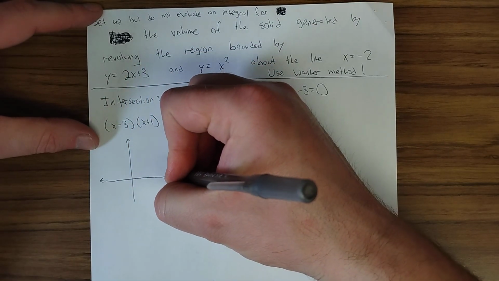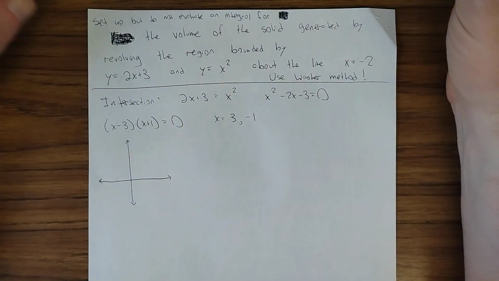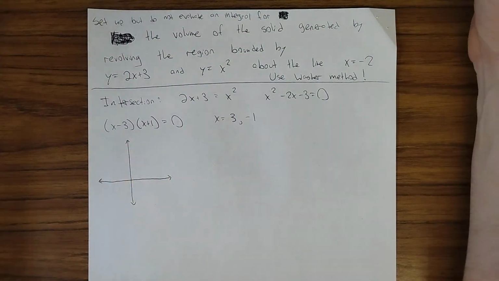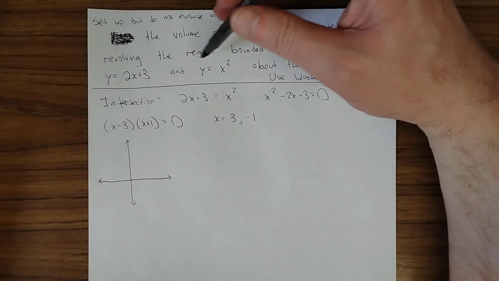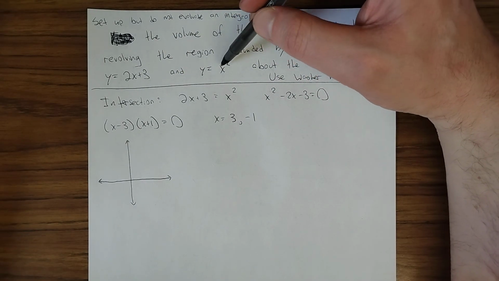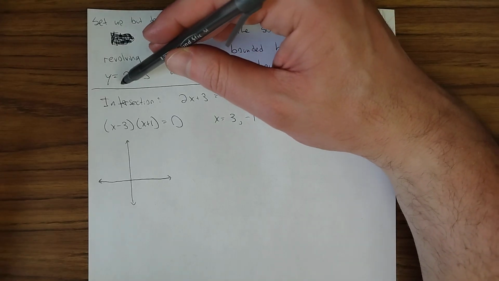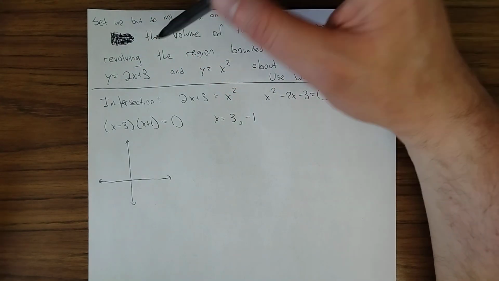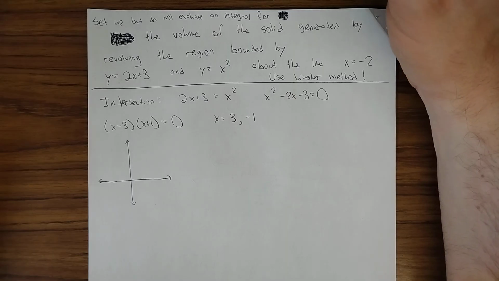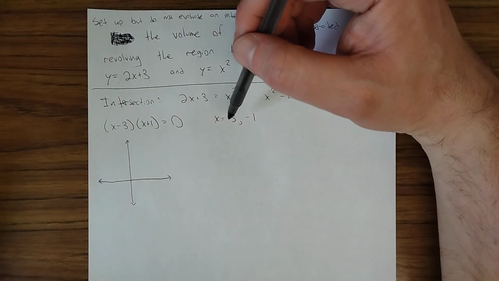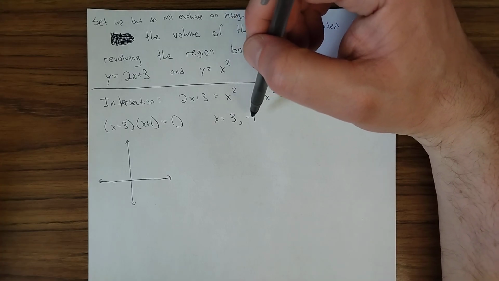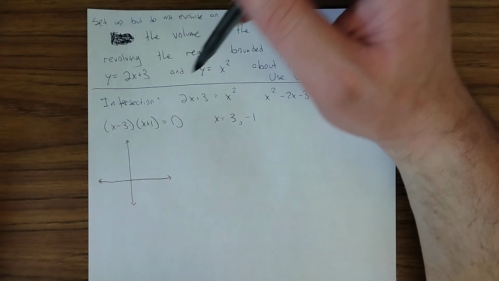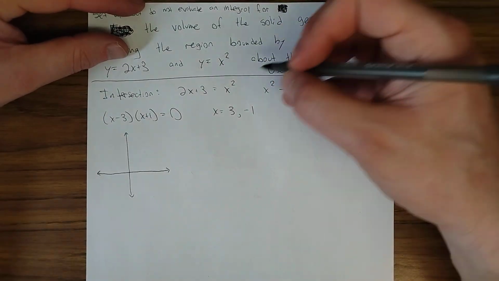The picture should not really be necessary, but it can be helpful, especially because we're doing this the hard way. I know what these curves look like. This is your classic parabola, y equals x squared, and this is a line, so we know how to graph lines. To draw an accurate picture, let me find the actual points of intersection, so maybe I'm not ready to draw yet.